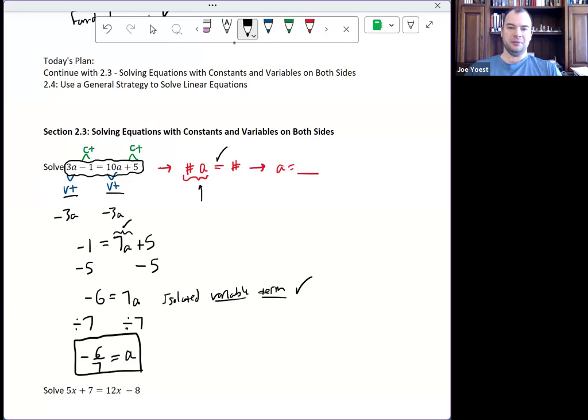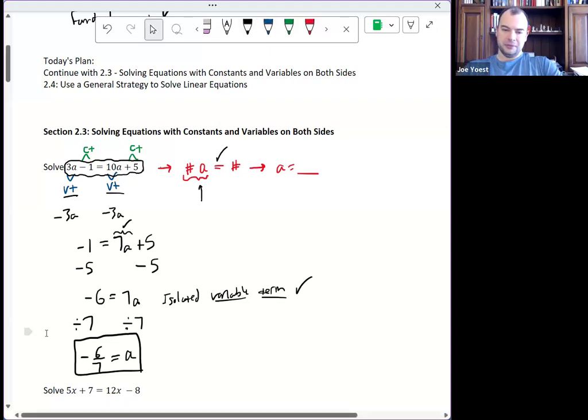But conceptually speaking, having a variable term and a constant term on both sides of the equation is as simple as it can get after we've made all the simplifications to each expression on each side of the equation.